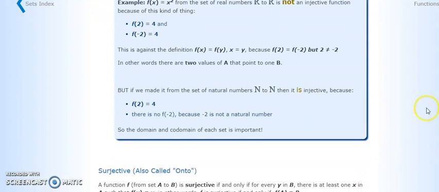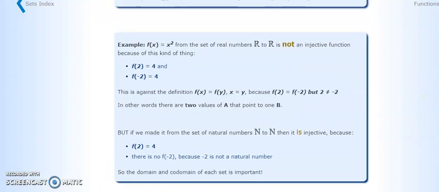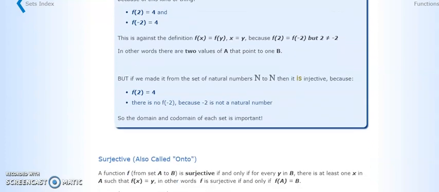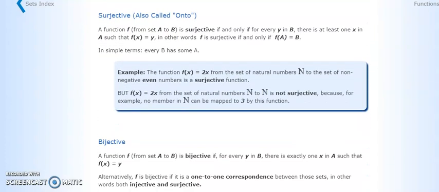Similarly, for surjective, you have to find one. You take a point in the codomain and try to find one element in the domain which is the preimage of the point you have taken earlier. So a function f from set A to B is surjective if and only if for every y in B, meaning you take an element in B, there is at least one x in A so that f(x) equals y.